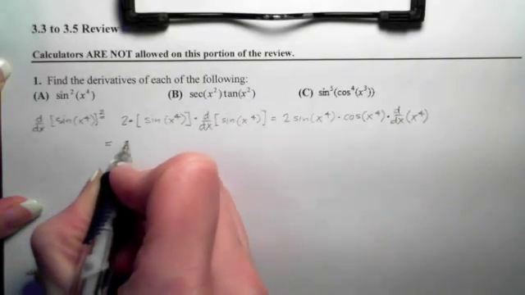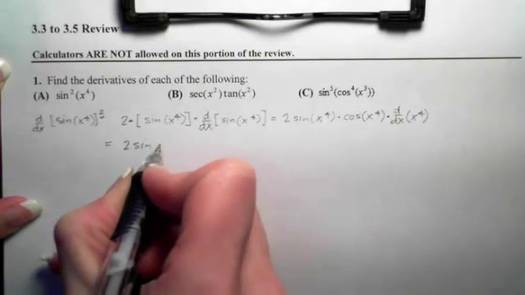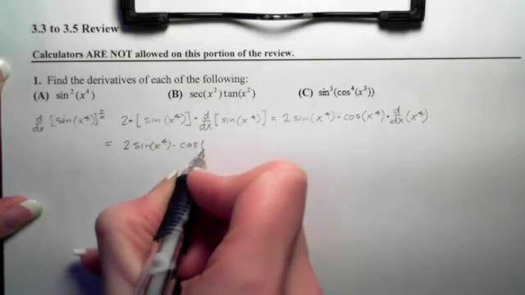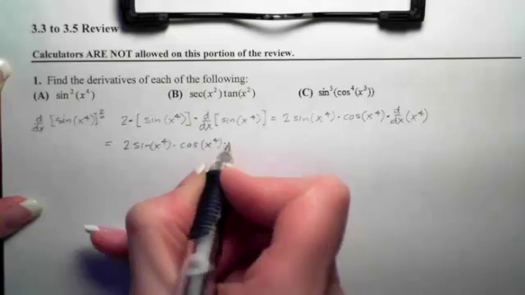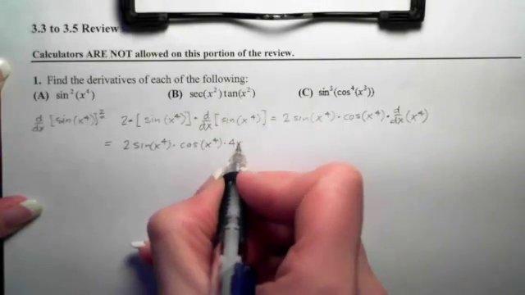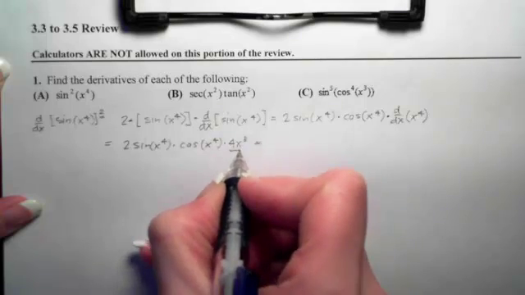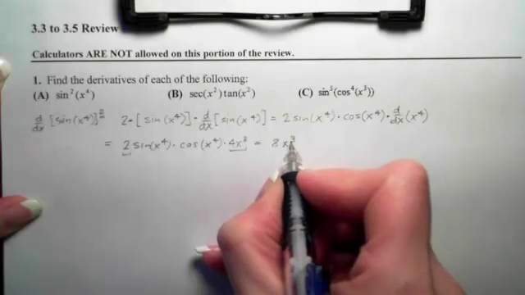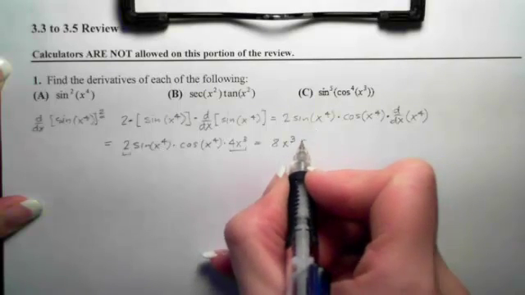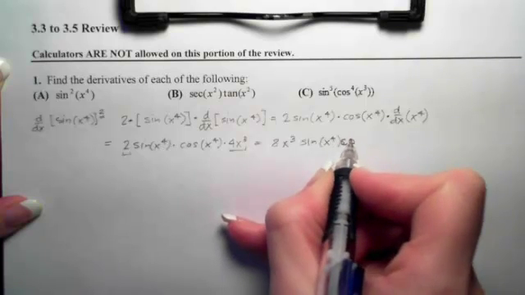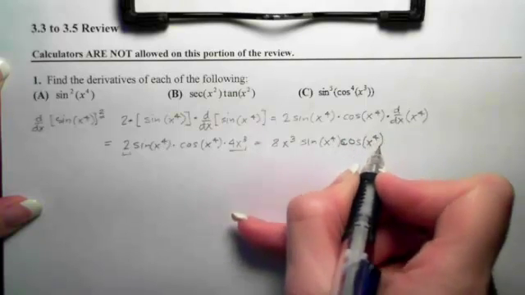So if I finish this up, I'll have a 2 sine of x to the fourth times a cosine of x to the fourth times the derivative of x to the fourth, which is a 4x cubed. If we put this and the 2 together, you'll get the answer that I have on the review, which is 8x cubed sine of x to the fourth times cosine of x to the fourth.